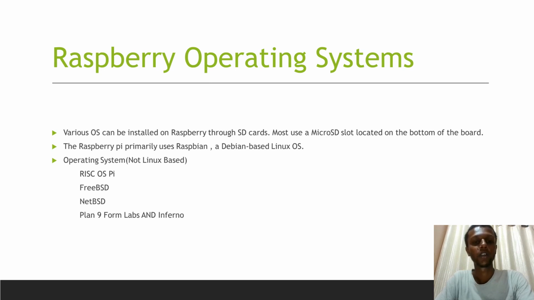The Raspberry Pi primarily uses Raspberry Pi OS, a Debian-based Linux operating system. Operating systems not based on Linux include RISC OS Pi, FreeBSD, NetBSD, Plan 9 from Bell Labs, and Inferno. We can use the Raspberry Pi on the basis of these operating systems.